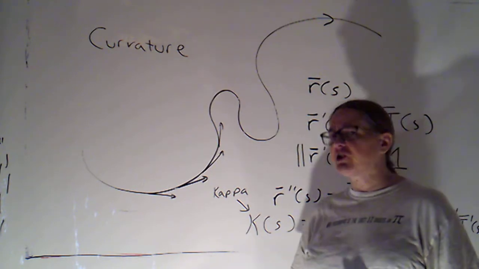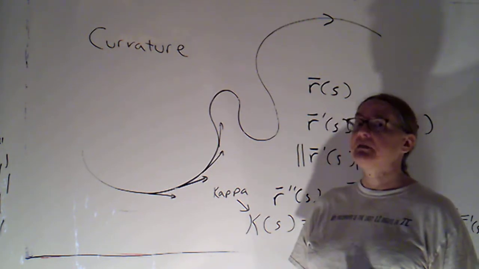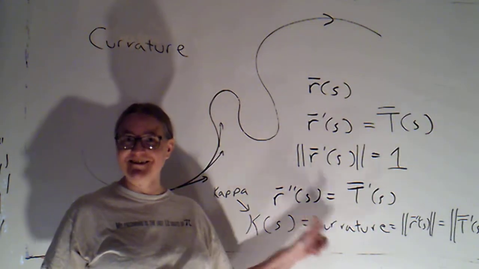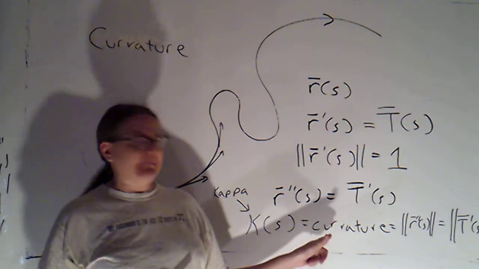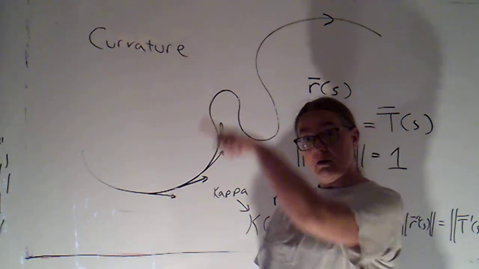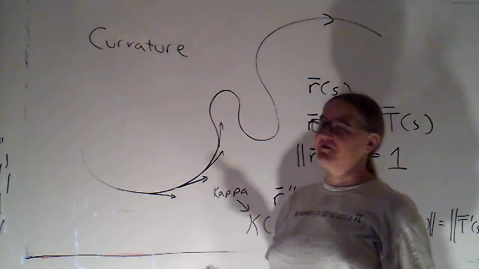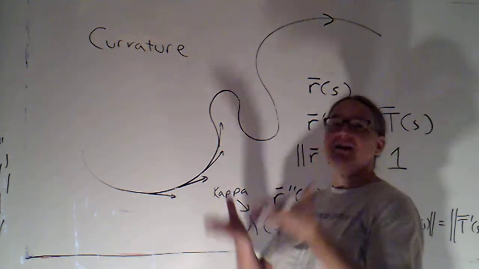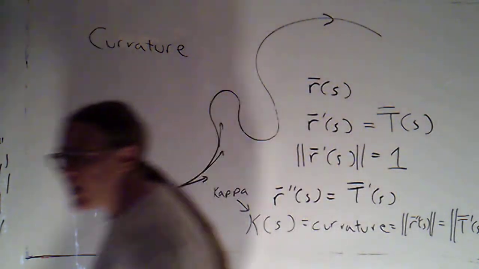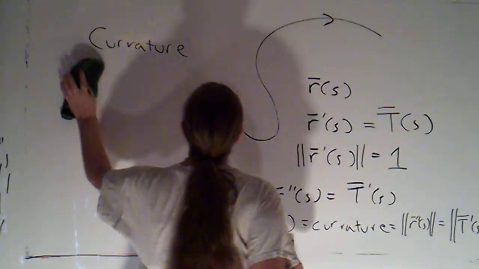I think the curvature of a line should be 0. So if this definition tells me that a line has non-zero curvature, I'm going to be a little bit skeptical. And I also think that a circle should have constant curvature because it's always curving at the same rate. So let's go ahead and check that out.